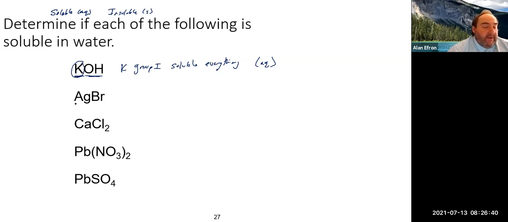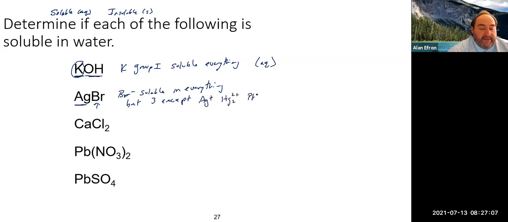But really, as soon as you saw the potassium, that's as far as you really need to go to determine solubility. Here again, we may not be able to find silver on the left-hand side of those tables, but we can find bromide. Bromides are soluble in everything, but there are 3 exceptions. The 3 exceptions are silver, mercury 1, and lead 2.